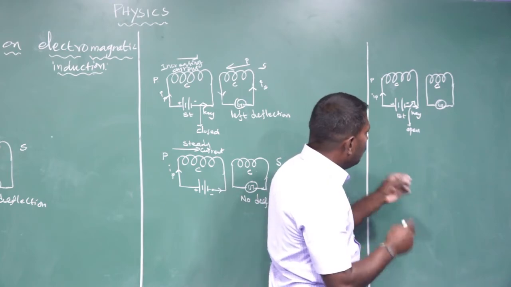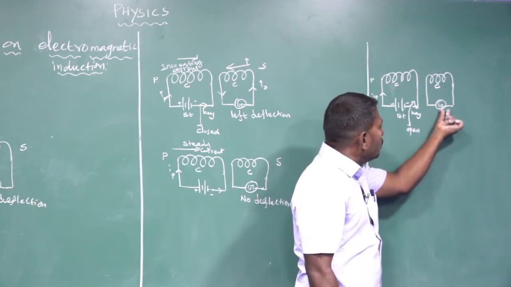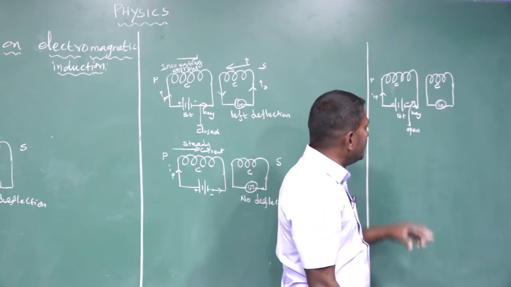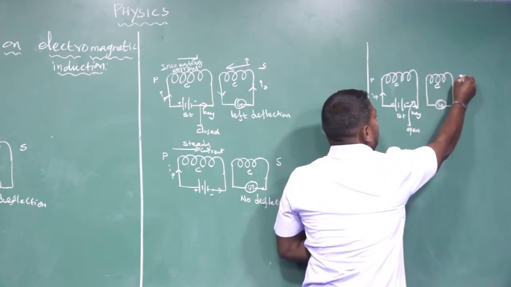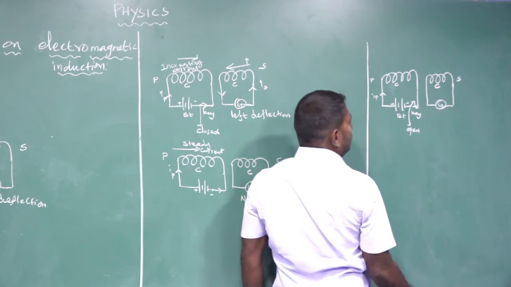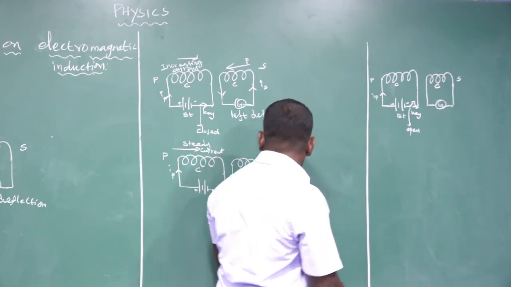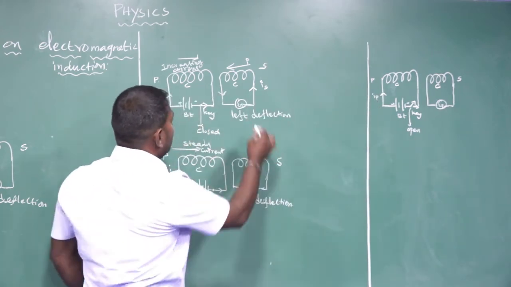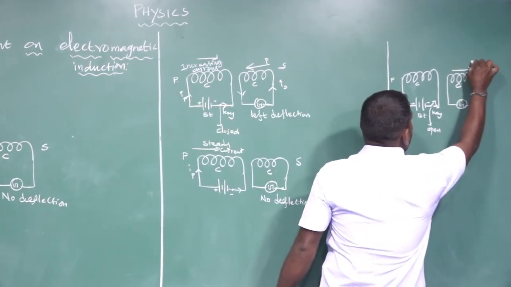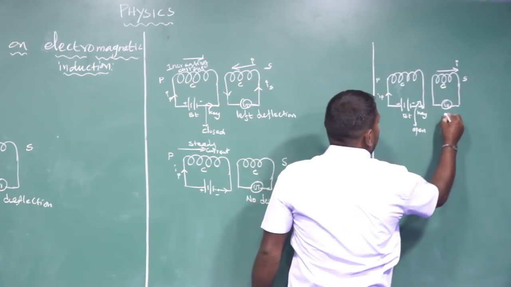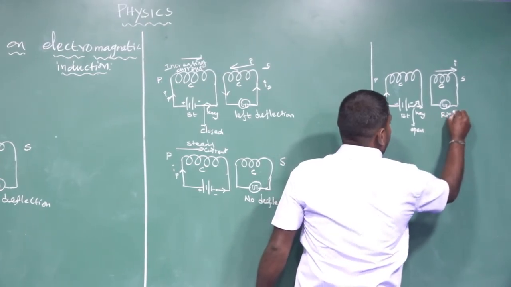At that moment, once again, the galvanometer shows a momentary deflection, which indicates that electric current is set up in the secondary closed circuit, but in the opposite direction to the previous case. Now the galvanometer shows a deflection to the right side.